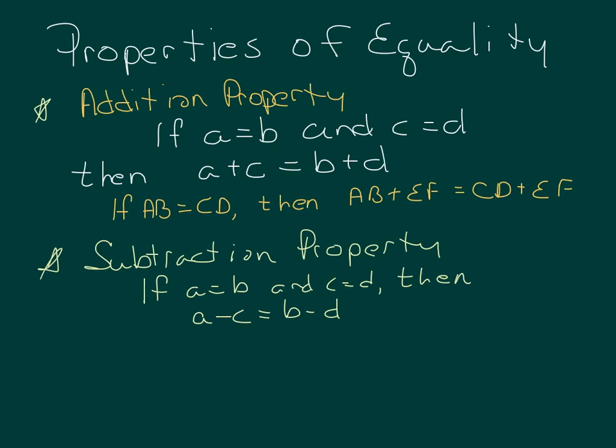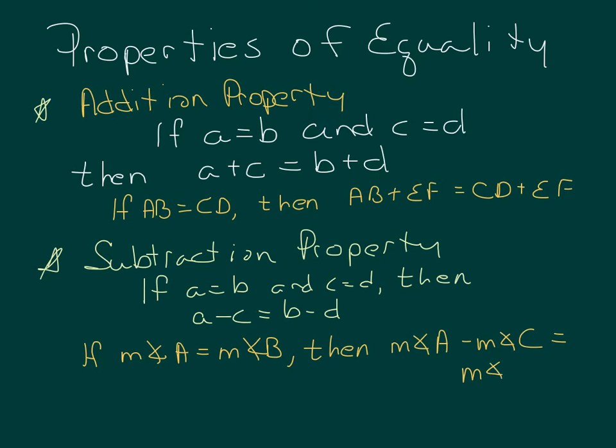That's just an algebraic way of showing the subtraction property, but if we want to think of a geometric application, if the measure of angle A equals the measure of angle B, then the measure of angle A minus the measure of angle C equals the measure of angle B minus the measure of angle C. Geometric application of that property.